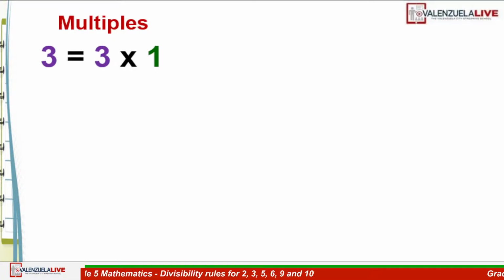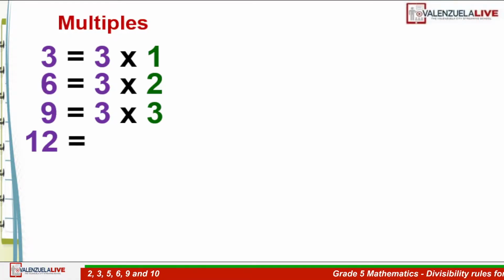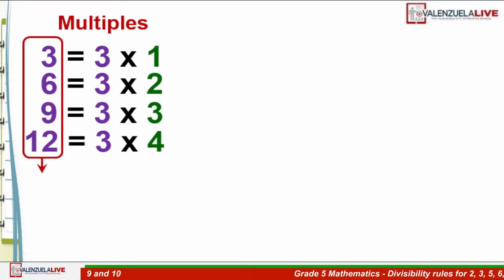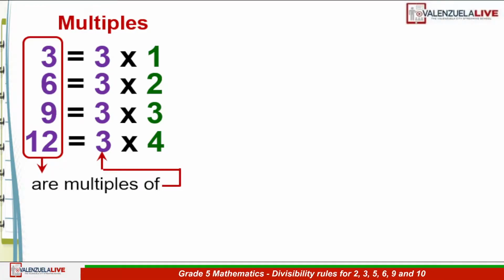We have 3 is equal to 3 times 1. 6 is equal to 3 times 2. 9 is equal to 3 times 3. 12 is equal to 3 times 4. 3, 6, 9, 12 are multiples of 3. Another set of multiples.